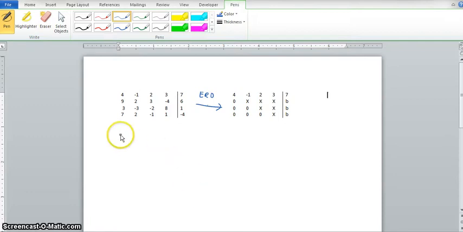So for example, we have this matrix. This is matrix A, and this is matrix B. So by performing ERO, we need to reduce or convert the matrix to upper triangular matrix, where we need to get all zeros below the diagonal element.